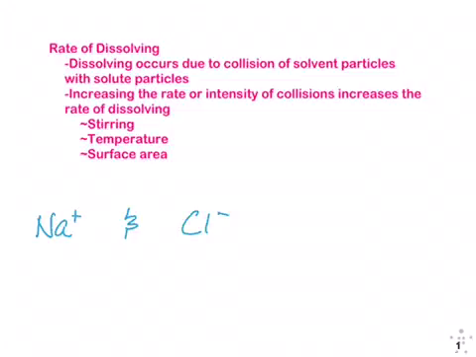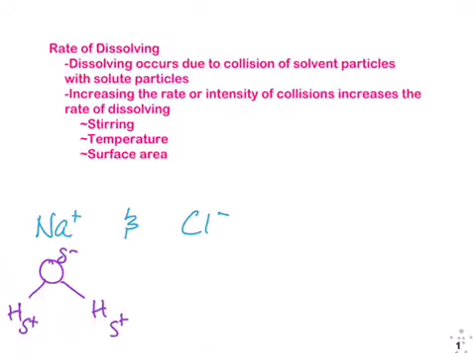Remember, water is a polar molecule, and it has the oxygen and the hydrogens. Which part's partially negative, which part's partially positive? Good. So we have a negative here, positives on the hydrogens.